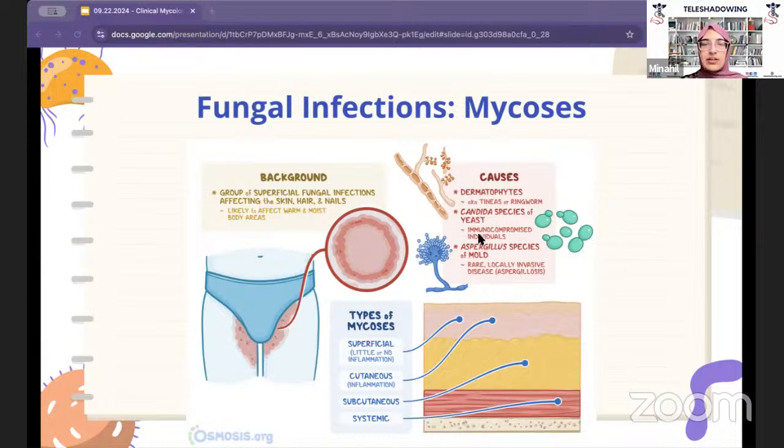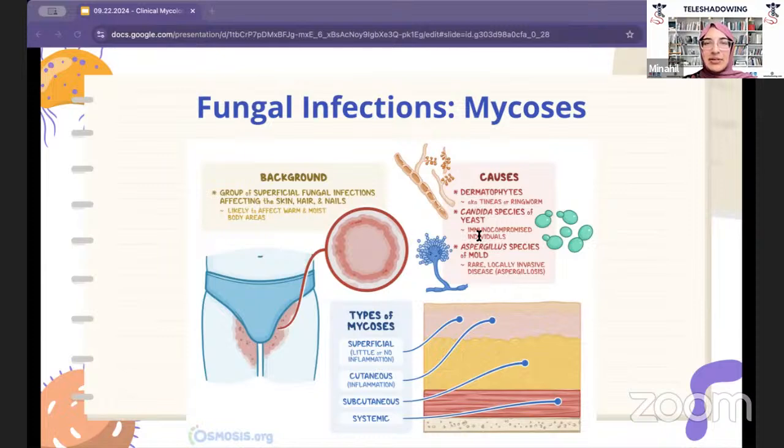They're also known as cutaneous mycoses because they're superficial. They include tinea infections like ringworm and yeast infections, like, I'm really bad at pronouncing these, Pityriasis versicolor. That's just one example of a superficial mycosis.